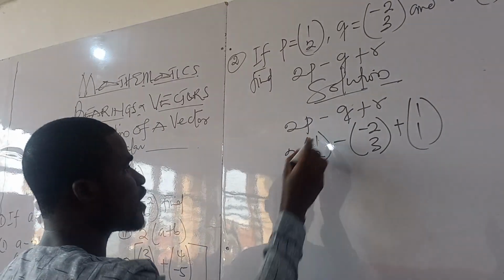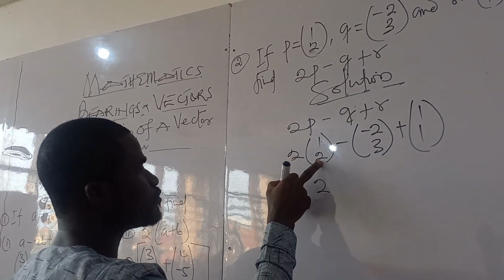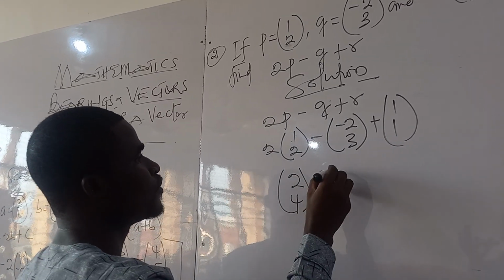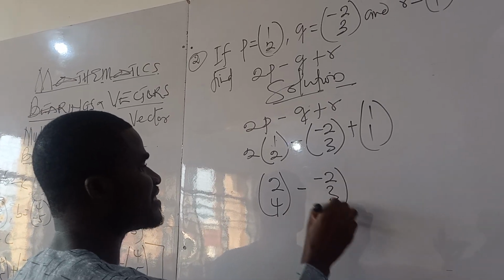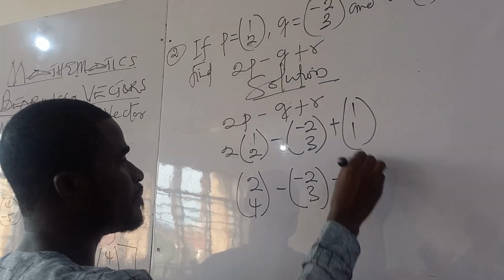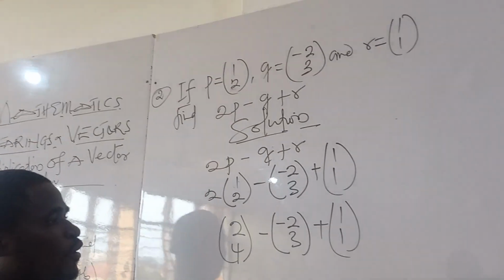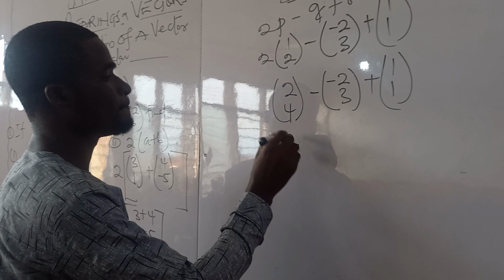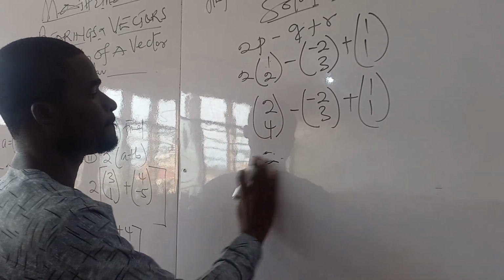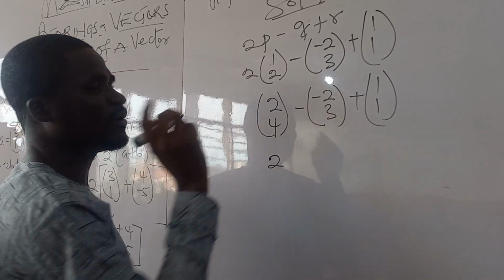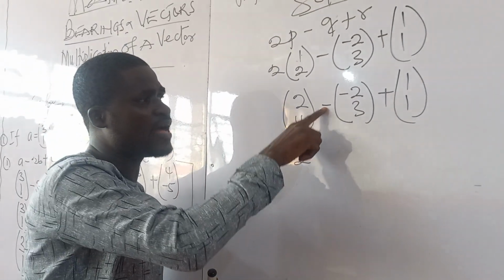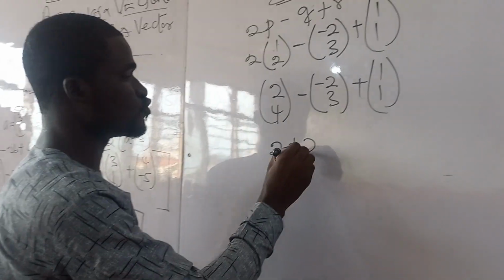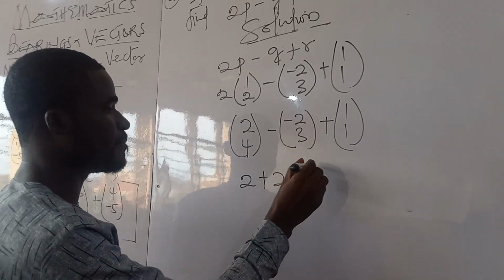So, 2 times 1 will give us 2. 2 times 2, 4. Minus (-2, 3). Write everything again. Plus (1, 1). Now, we're going to put all in one bracket. So, we're going to have 2. Now, take note here. Negative times negative is positive. So, plus 2 plus 1.